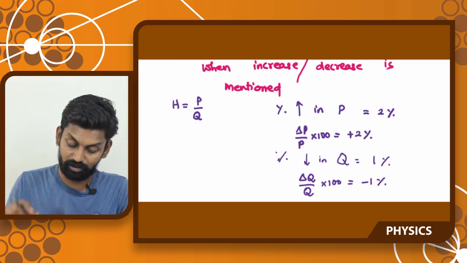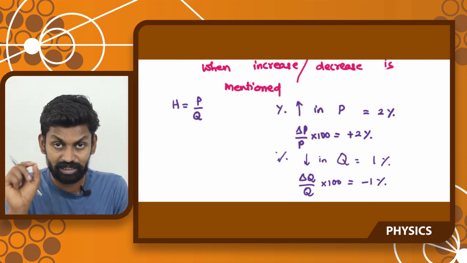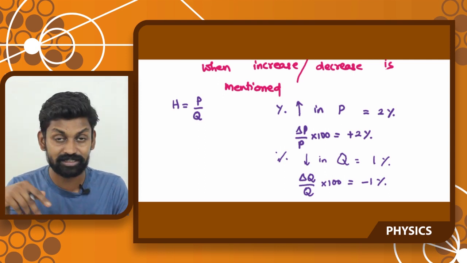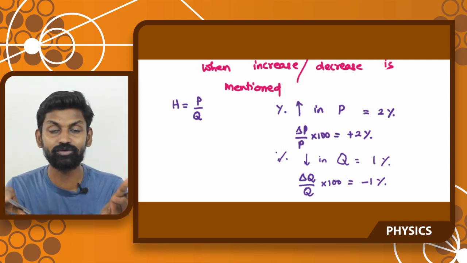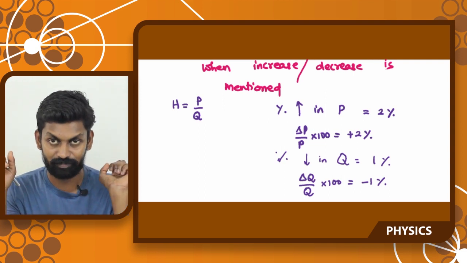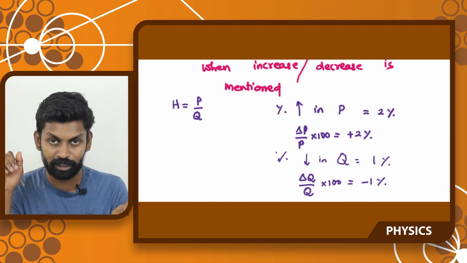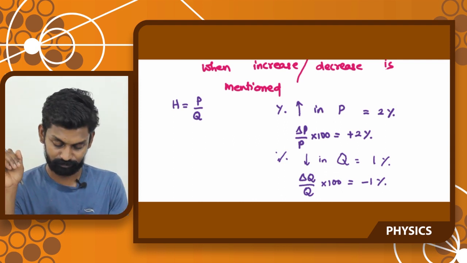In this given data, they have mentioned increase and decrease, and they are asking us whether H has increased or decreased. This numerical has nothing to do with maximum possible errors. This has only to do with whether H is increasing or decreasing and by what percentage.